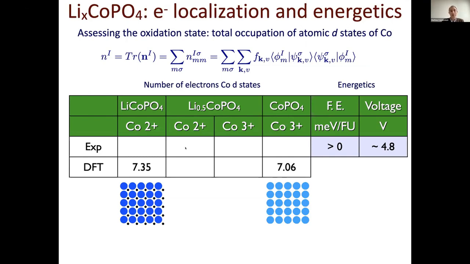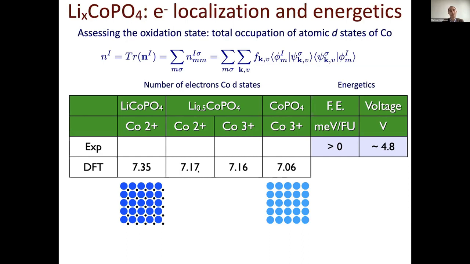Now, is this the case if we use any of the standard approximate functionals? Well, ideally, we want this number to reproduce this one here for the 2+ states, and this number here for the 3+ states. This is not the case with standard DFT approximations for the exchange correlation functional, and as you see, we basically get something in between.